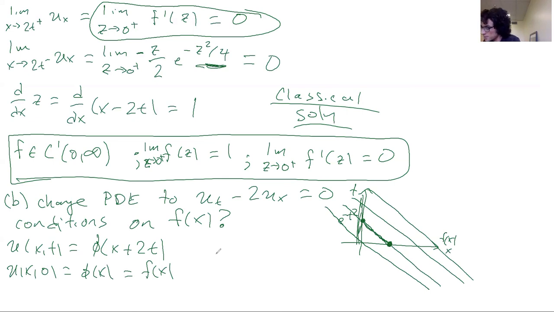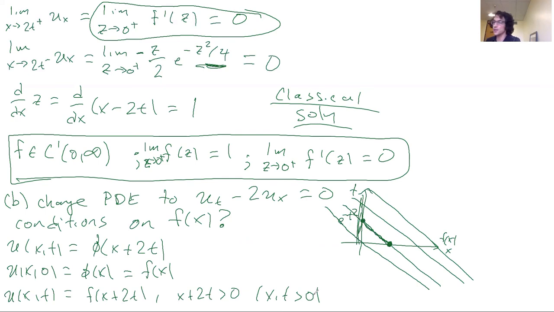And that means, in general, that u of x,t is going to be equal to f of x plus 2t, as long as x plus 2t is greater than 0, which works as long as x and t are greater than 0, which is exactly the domain that we have here, okay? Our whole region has x and t both greater than 0, okay? I mean, except for this sort of special point here on the origin, okay?